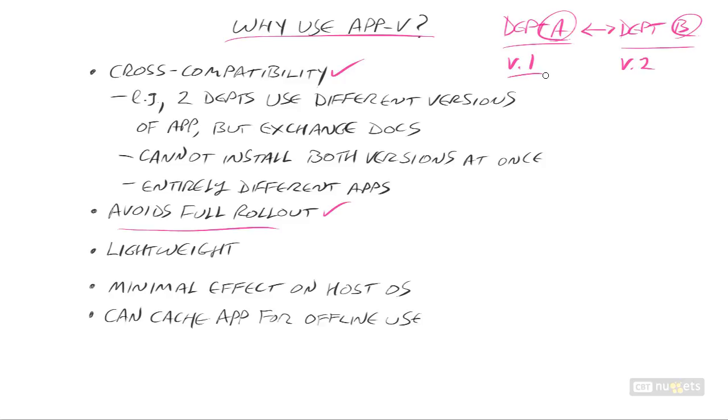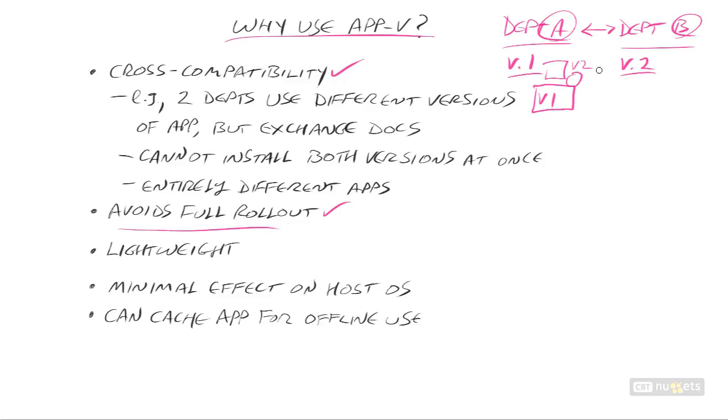And they don't have authorization to do a full installation of version 2 of the app yet, because it hasn't gone through all the red tape and all the regression testing and all this kind of stuff that they may require. So what we could do over here in Department A is say, hey, we're kind of stuck with version 1, but let's go ahead and on our little desktops, maybe this is my little desktop, where I've got version 1 installed, just install a little bubble on top of this called version 2 of the app.